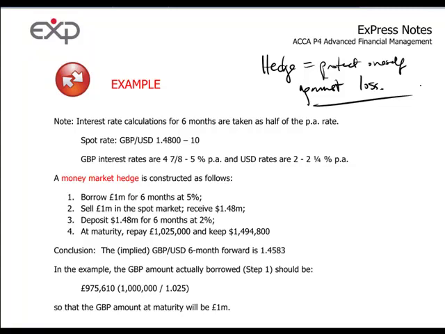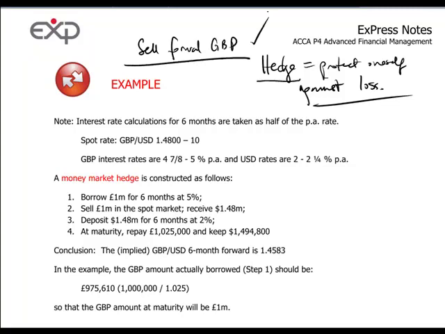Therefore, the company would want to hedge its position, and one natural way of hedging a position when a receipt of foreign currency is expected in 6 months would be to sell forward that same currency, in this case the pound, and that would be the end of the story.